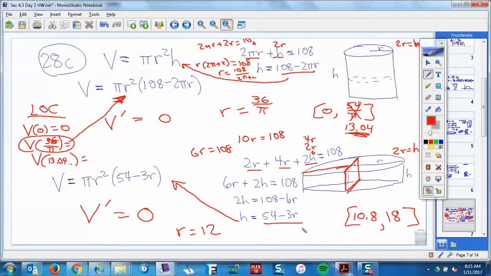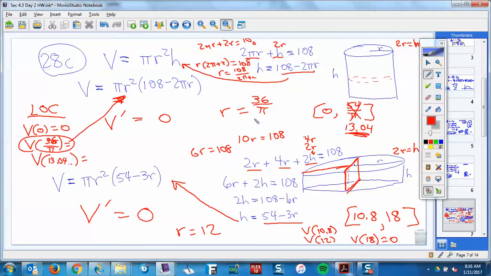So your list of candidates would be, you plug in a 10.8, technically you plug in a 12, you plug in an 18. I think when you plug in 18, you get 0. But you do your list of candidates and at 12, it's only like 8,000 something. I think it only comes out about 8,000 if you plug 12 into that volume.